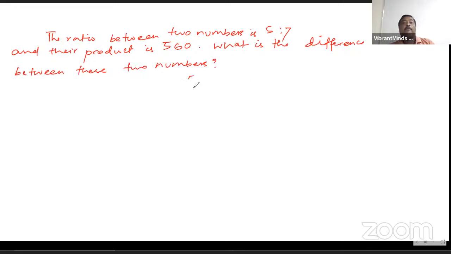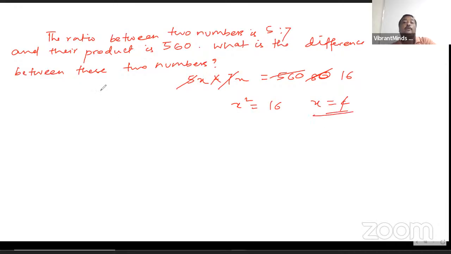Now understand. Let's say the numbers are 5x and 7x. Now the product is equal to 560. Let's cancel it. 7 eights are 56, so it is 80. Let's cancel it by 5 and it is 16. So x square is equal to 16. That means x is equal to 4.